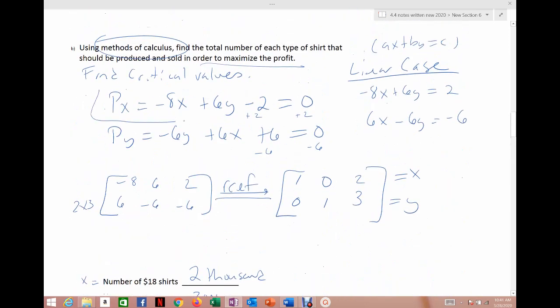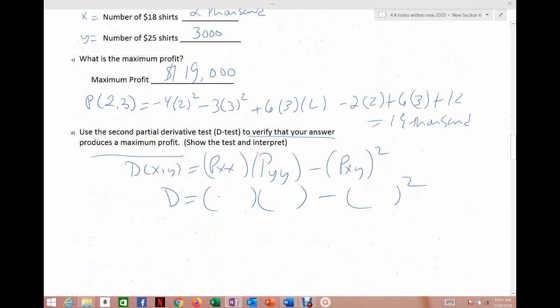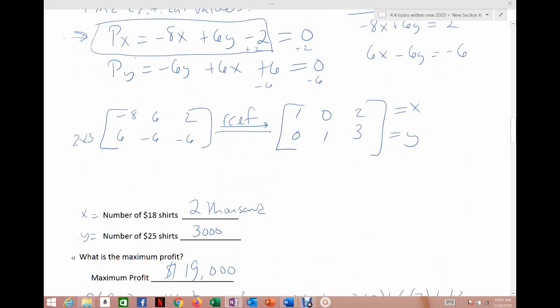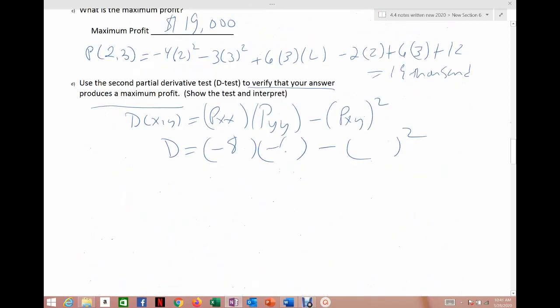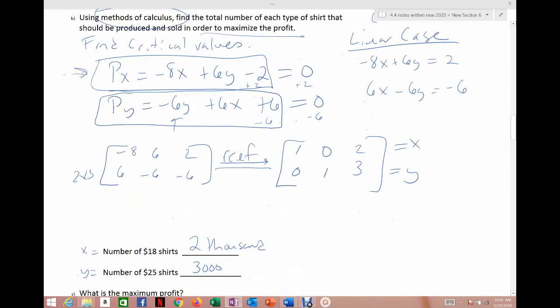My derivative with respect to x first. So I'm taking its derivative with respect to x again. I get the number -8, what's in front of my x term. With respect to y, looking at the y one now, twice, that comes out -6. And then the mixed, you can look at either one.